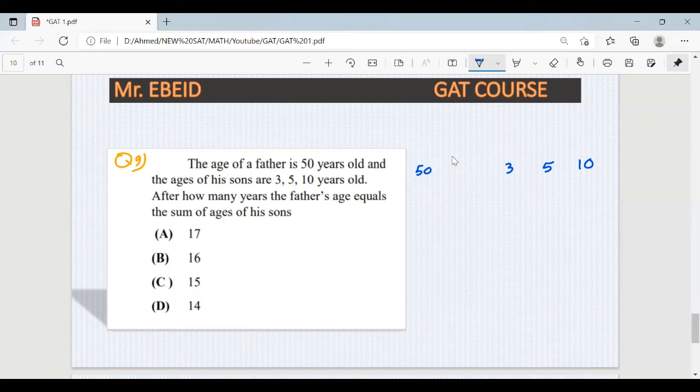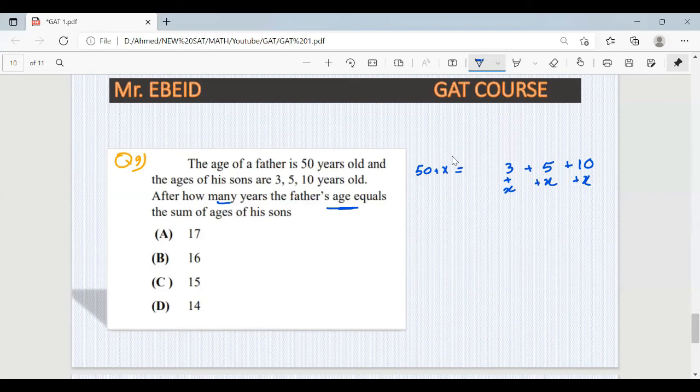So if you want to add x for the father's age to be equal, you have to add x to both sides: x plus 3, x plus 5, and x plus 10.